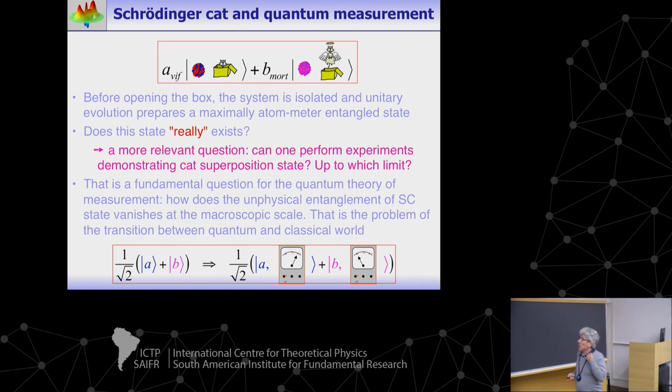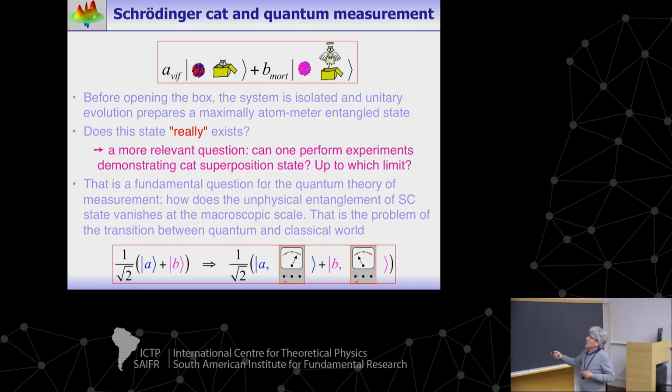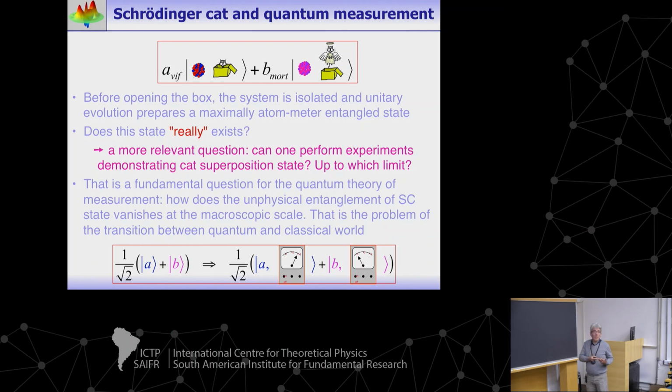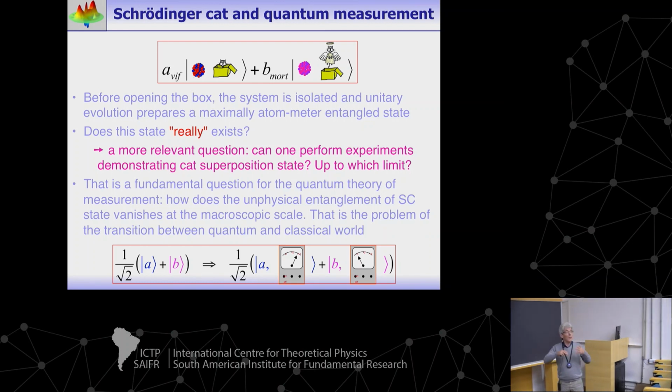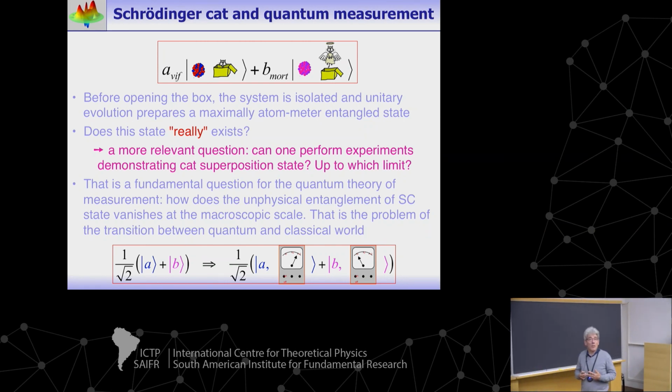But basically, fundamentally, this problem shows up in any kind of quantum measurement where, indeed, the interaction between the system and the measurement apparatus, if isolated, should lead to a quantum superposition of not only the quantum system, but the measurement apparatus, eventually giving a superposition of results, which is entangled with the atomic state.